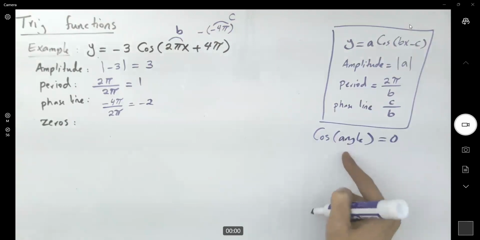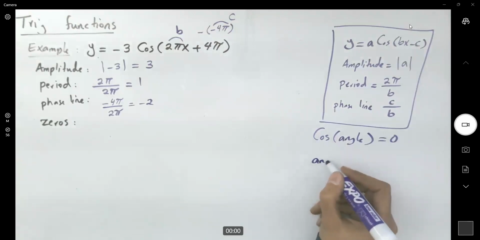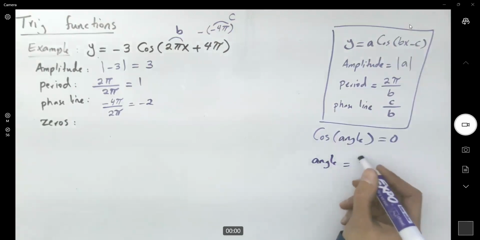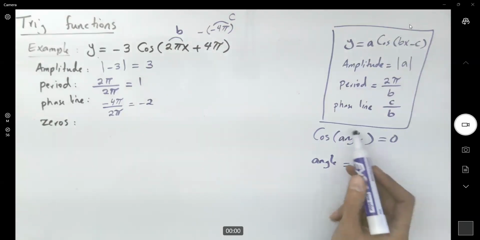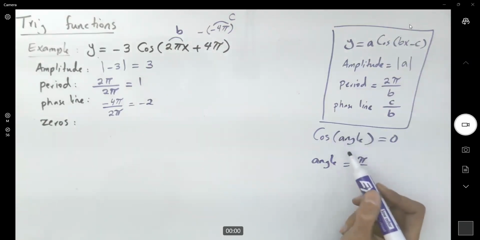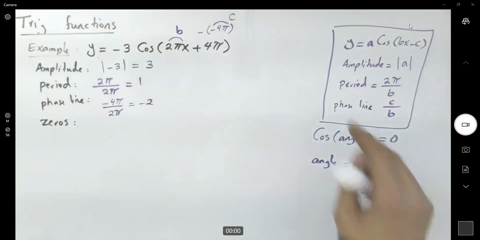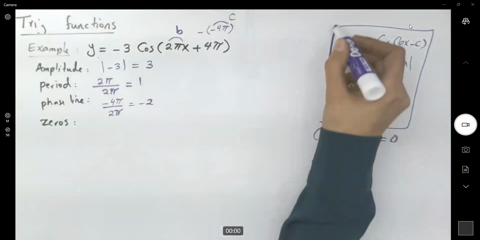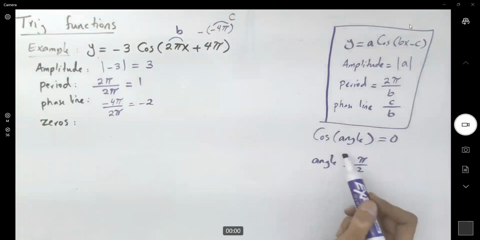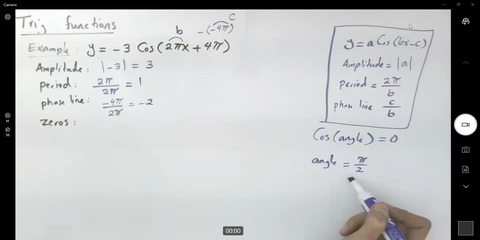One of the options that you have is that the angle is equal to pi over 2. Am I right? So whatever you have, it doesn't matter which quantity it is. It is just one angle, a combination of different expressions. It doesn't matter. You take that and you set that equal to pi over 2.